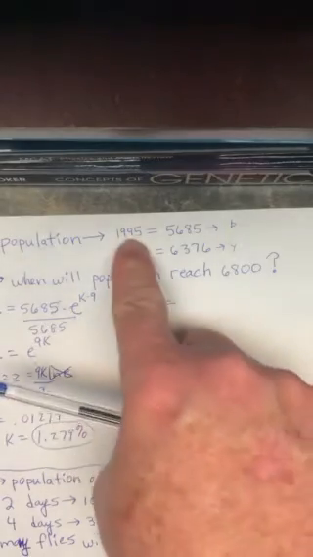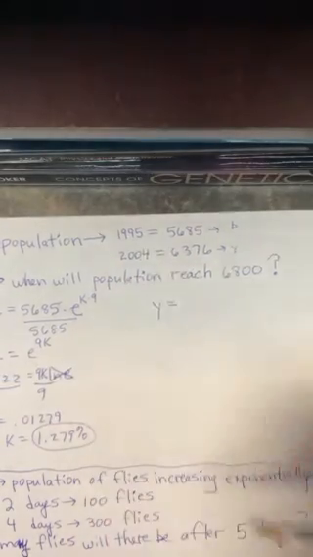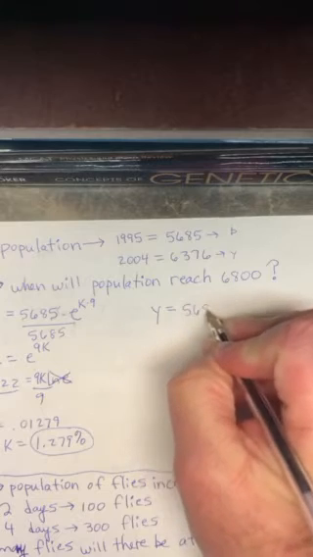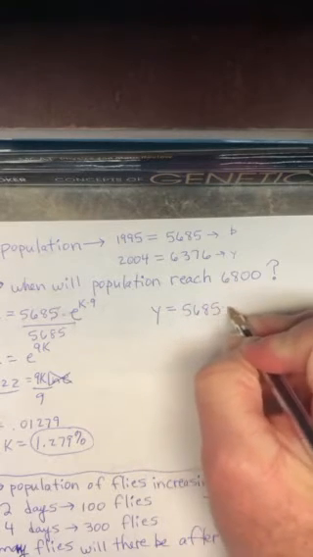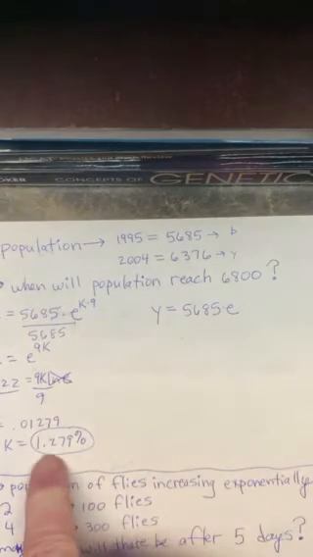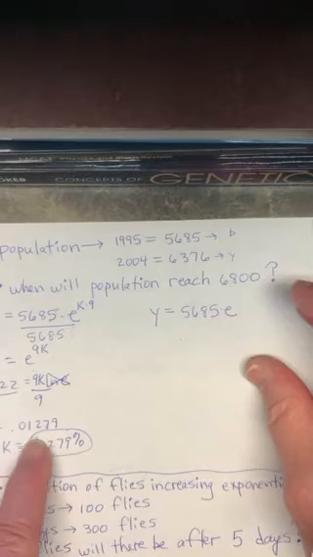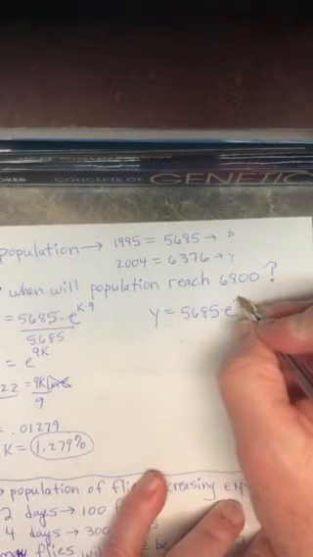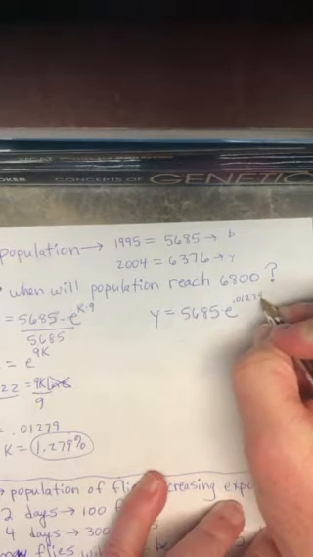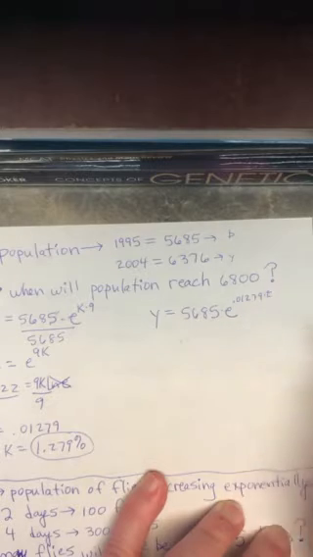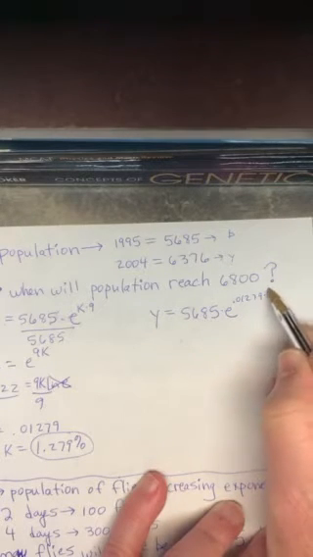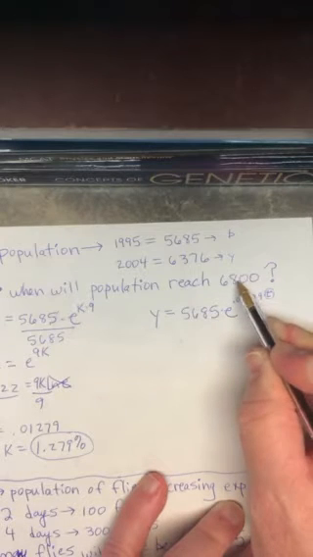Isn't the beginning amount of people still that 5,685 value times e to the, well, we now know that the K, the growth rate, is that 0.01279 number that we just calculated, times T, and we don't know how much time is going to pass, do we, before we get to 6,800 people.